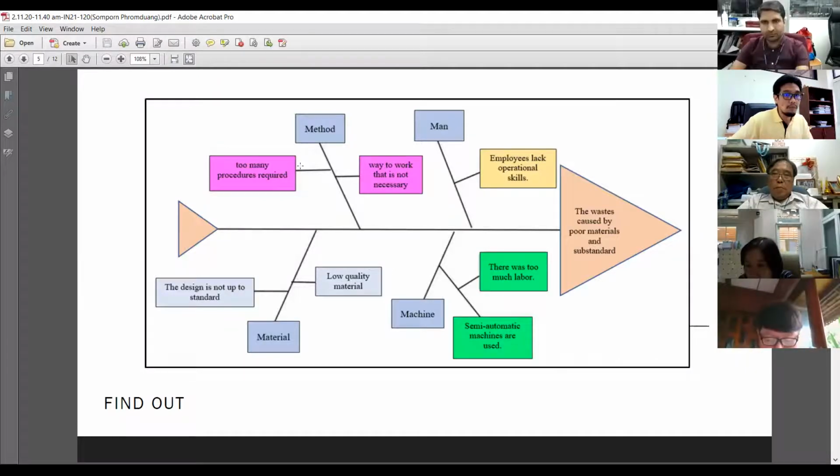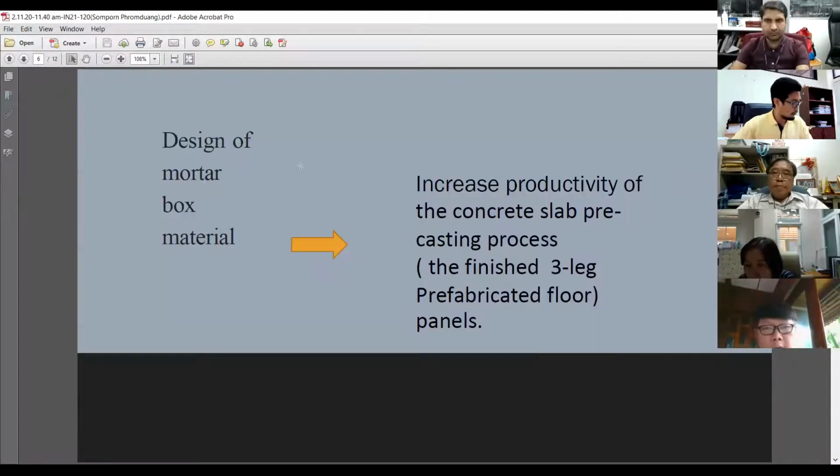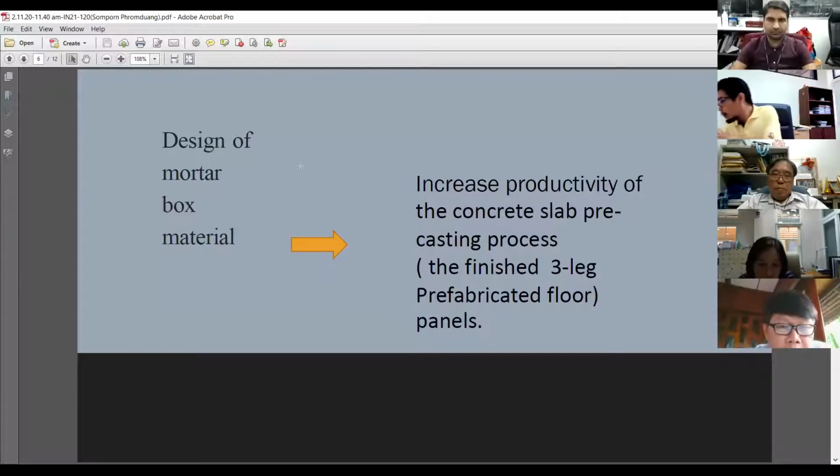As a result, we focus on the mortar box. Then we redesign the mortar box material to increase productivity of the concrete slab precasting process. In technical terms, we call it the finished three-leg prefabricated floor panel.